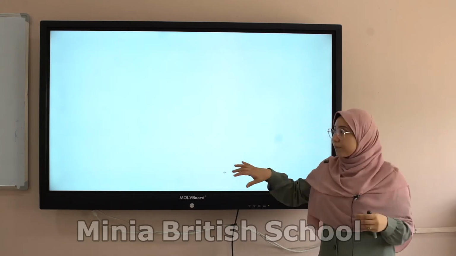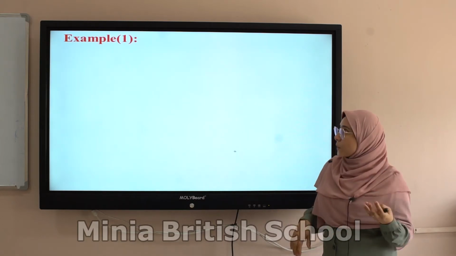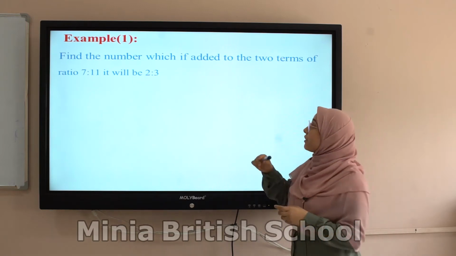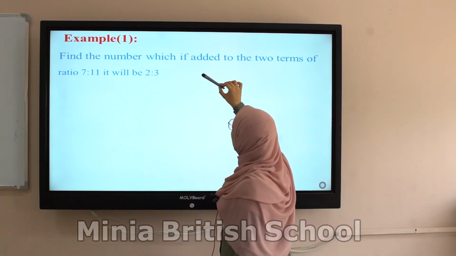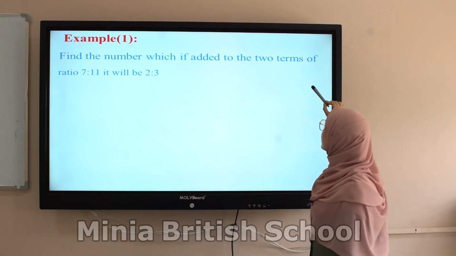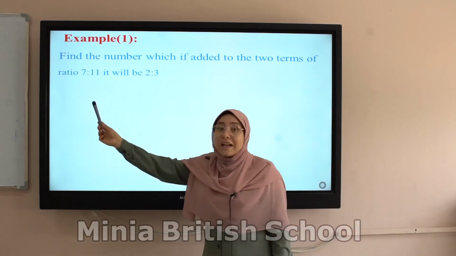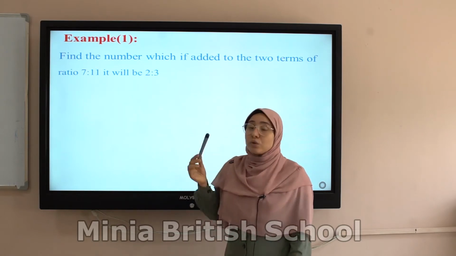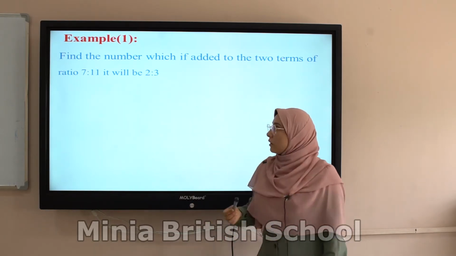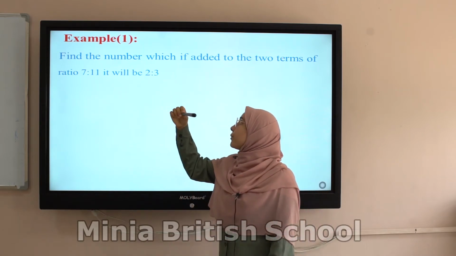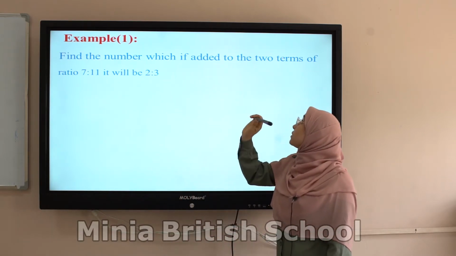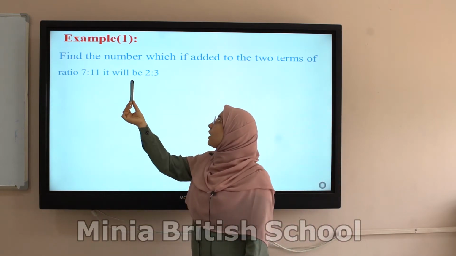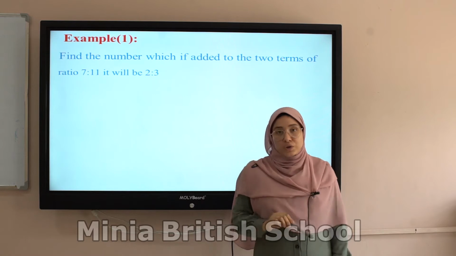For example, example number 1: find the number which, if added to the two terms of the ratio 7 to 11, it will be 2 to 3.